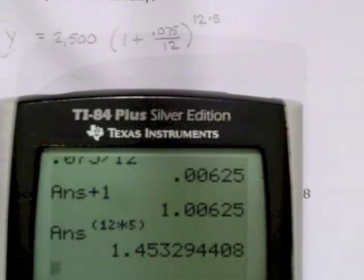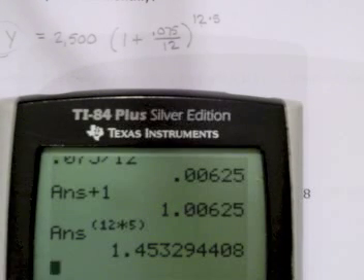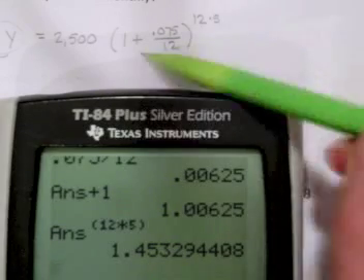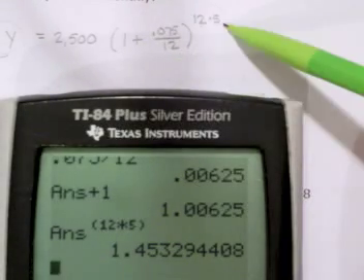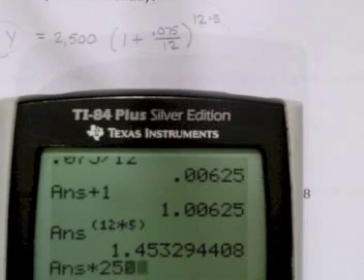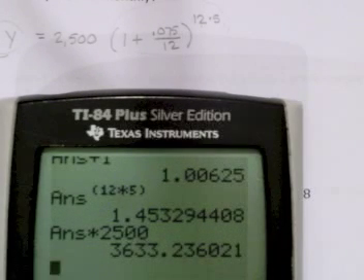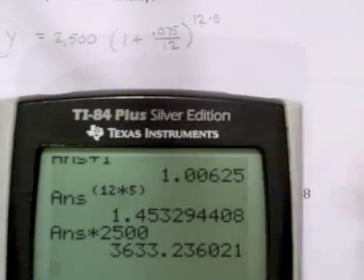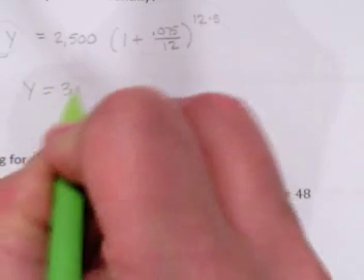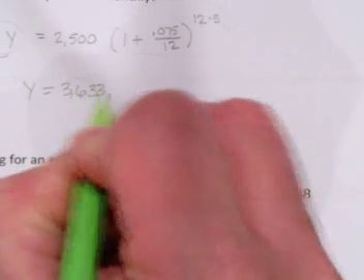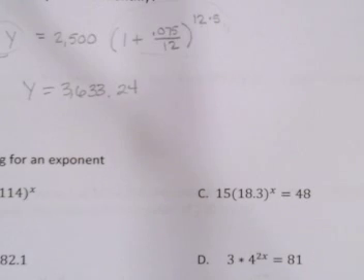You can go ahead and just multiply in your head and take it to the 60th power if you want to. And that is the value of this piece of our equation. And then we need to turn around and multiply that times 2,500. And we get our answer is $3,633.24. So let's write that down right here. $3,633.24. So that's the answer to that problem.